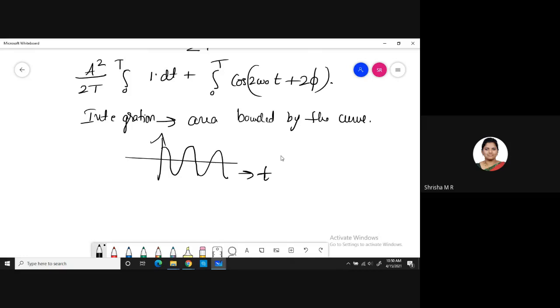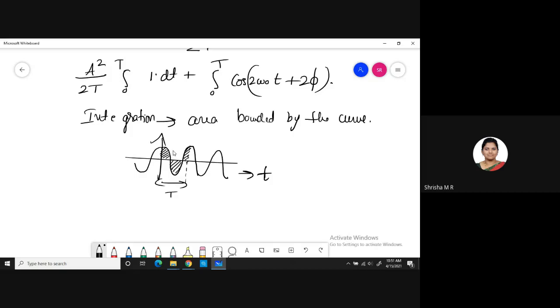So if I take one period, it will be from here to here. This is your T. So what is this area and this area? So we have cos theta, cos signal over one period. So we know what is integration, it's area bounded by the curve, right? So we have positive area and this is negative area. Okay. So addition of these two areas will nullify the area present.